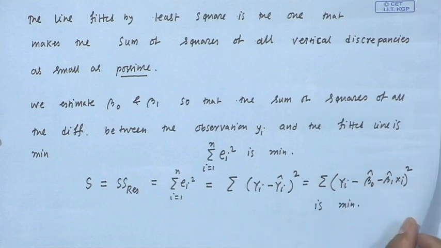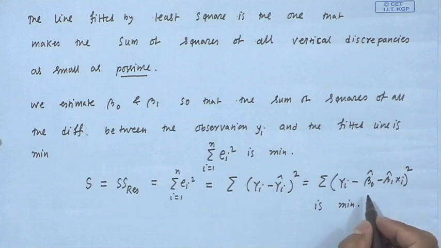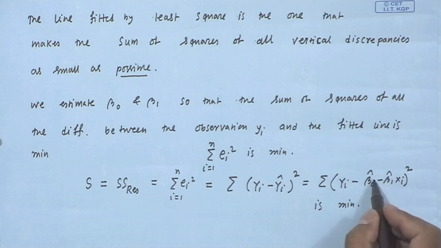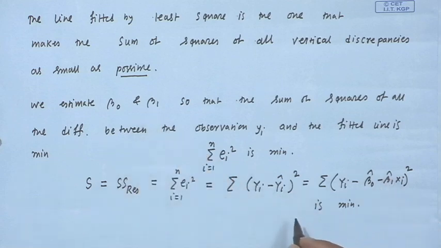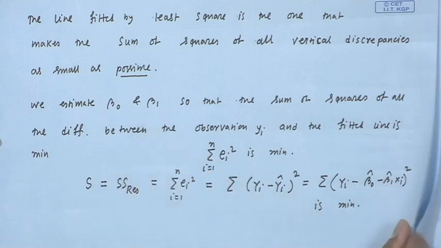Okay. So, you have to find this beta naught hat and beta 1 hat, where beta naught hat is the estimate of beta naught and beta 1 hat is the estimate of beta 1, such that this is minimum.